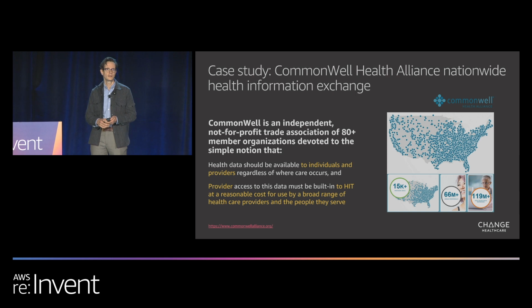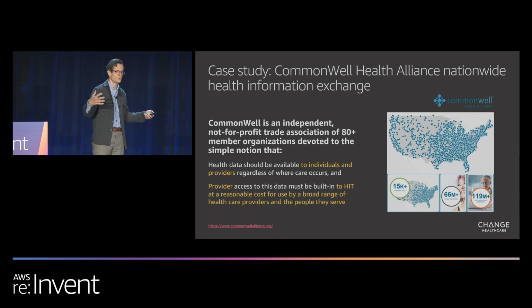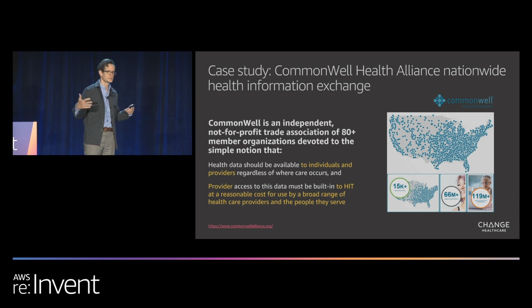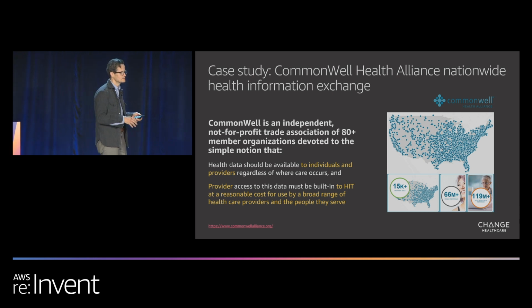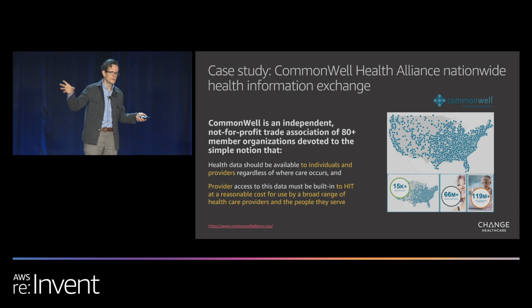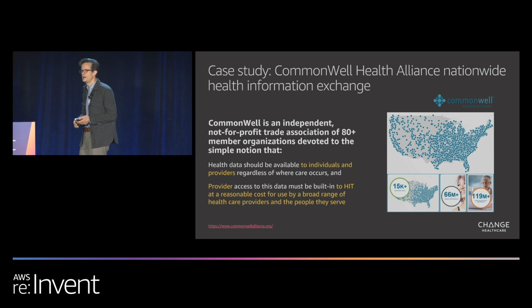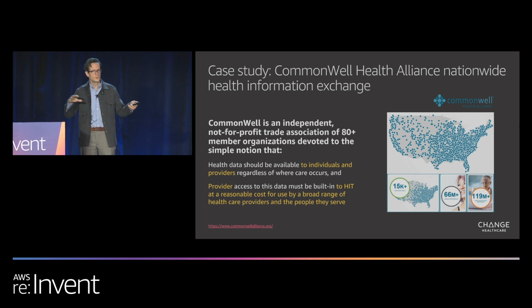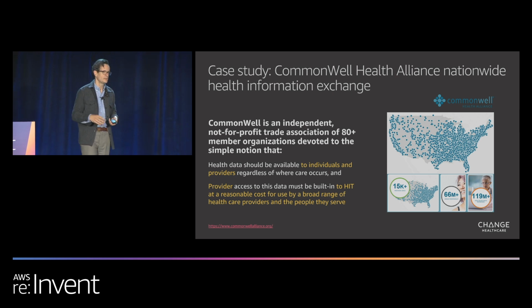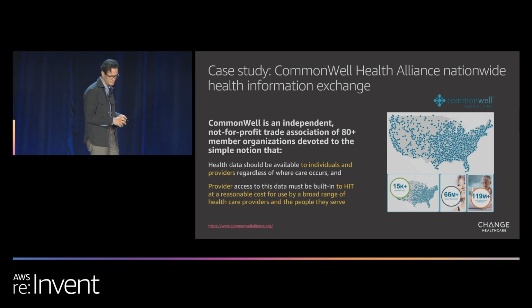And we've been running at scale for quite a while now. And now we're at the point where we're starting to connect across networks. So there's a connectivity framework called Care Quality that's intended as the framework for different networks to connect to each other. And really, between Care Quality, we've connected the Commonwealth network to effectively the Epic Care Everywhere network.